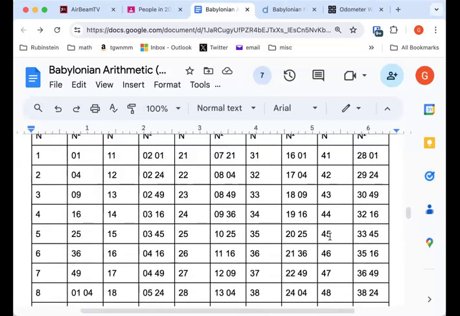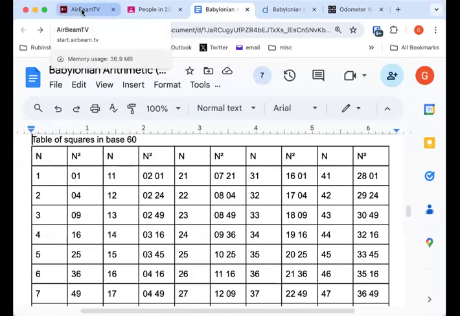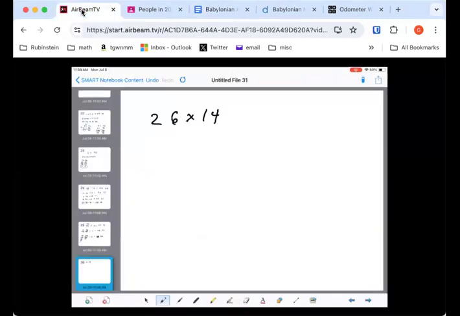Let me show you how you can use the table of squares to multiply 26 times 14, and then it will become an algorithm. So this is really fun. Here is the method. Step 1: add together 26 plus 14 and look up the square on the table of squares.